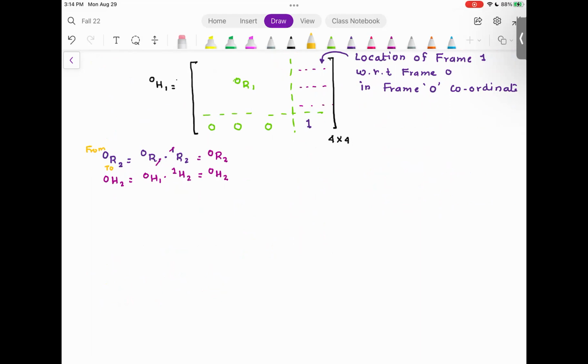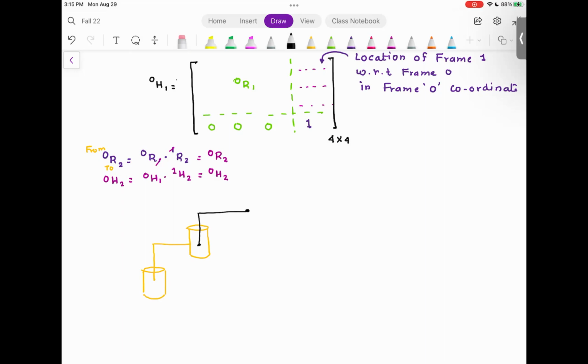Remember the same example that we talked about in the last class? Only thing is, I'm going to try to solve this with the technique of homogeneous transformation. Some of you may say I'm wasting time, and you're right. For this simple problem, this technique is really not needed. But please understand, this technique will work for any spatial mechanism.